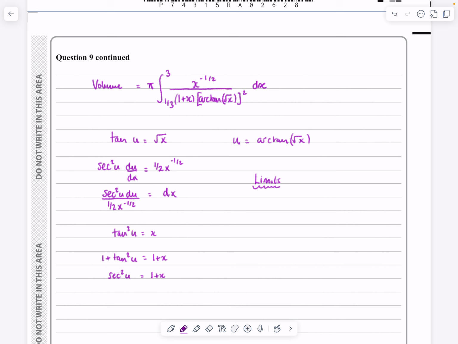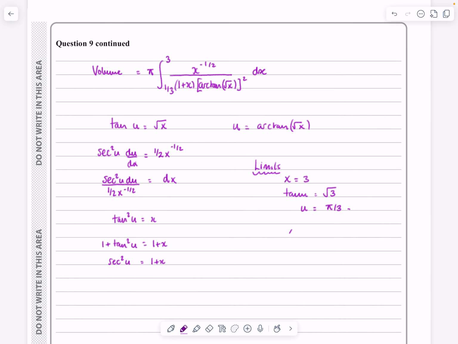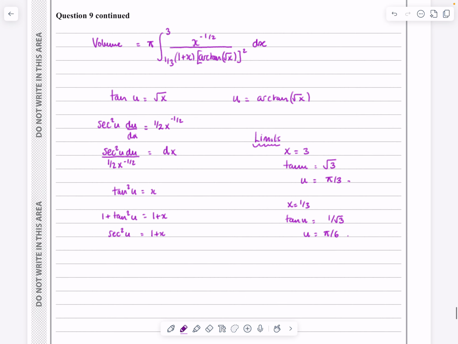So for my limits, if x equals 3, then tan u is equal to root x, so tan u is equal to root 3. So u, tan to the minus 1 of that, is going to be pi over 3. And then the same if x is equal to a third, I'm going to get tan u equals 1 over root 3, which will give me u working out to be equal to pi over 6.